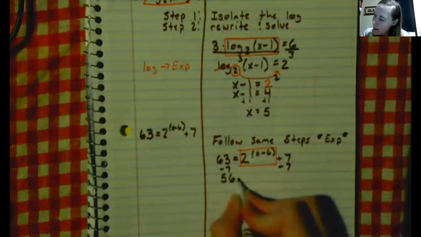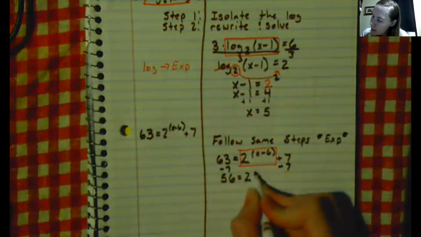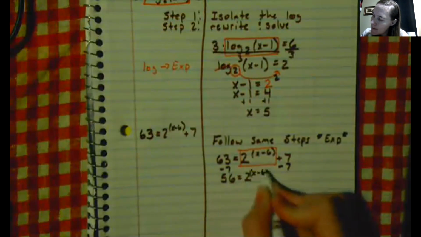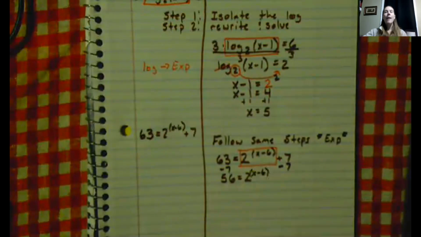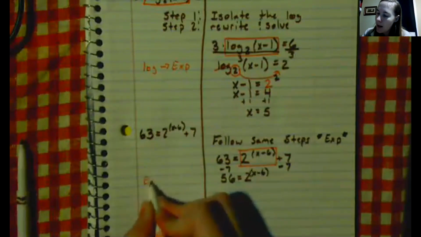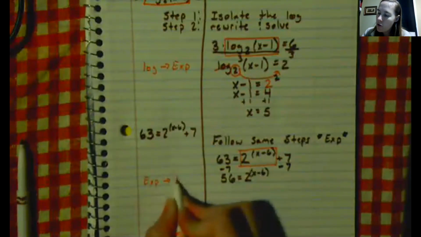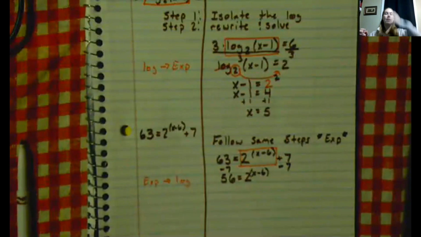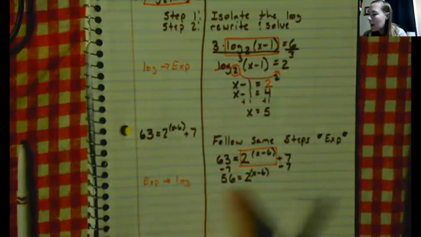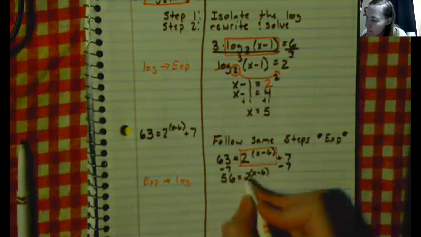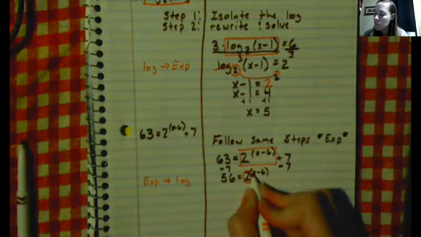56, and it equals 2 to the x minus 6. Now we do what we've been doing the rest of the week. We change it into the other form. This is in exponential form right now, so the next form we want to change it into is log form. And we do the same thing. I need to find my base. My base is at the bottom of my exponent, so it's 2.